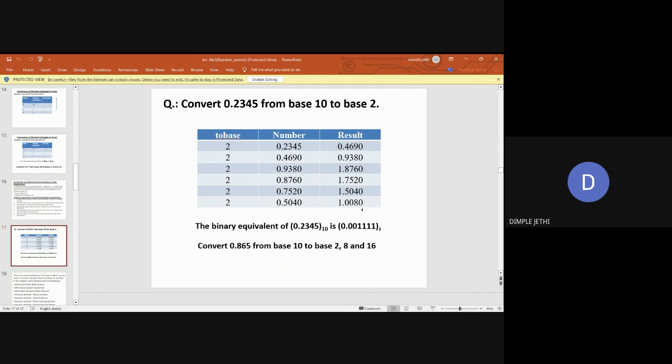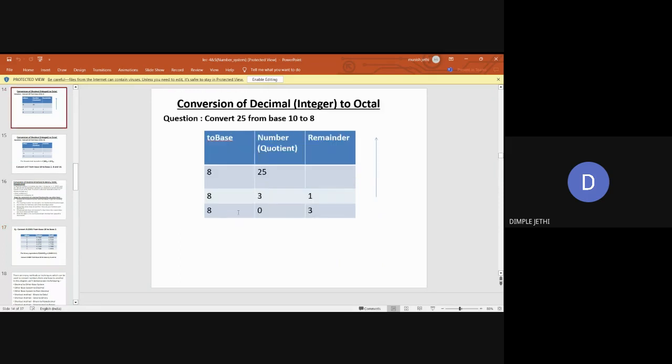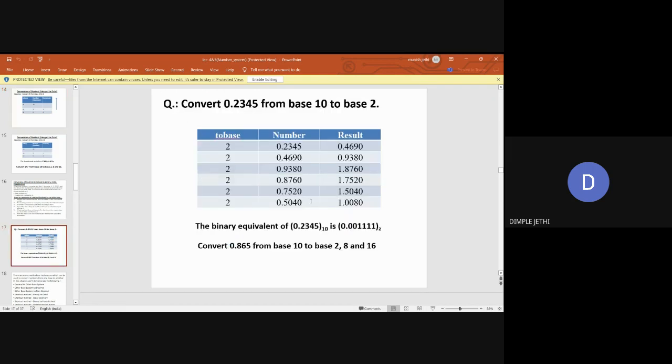When you get 0 after the decimal point, you write these integer numbers, not the fractional number. For integers we wrote from bottom to top, but for a fractional number we write from top to bottom. So I will write 0 0 1 1 1 1.